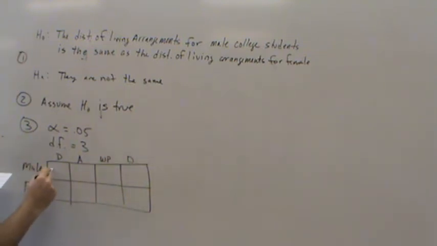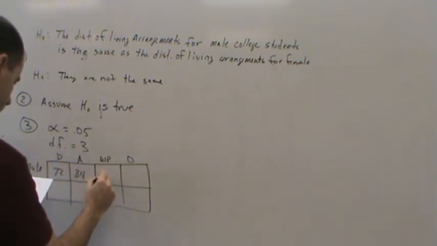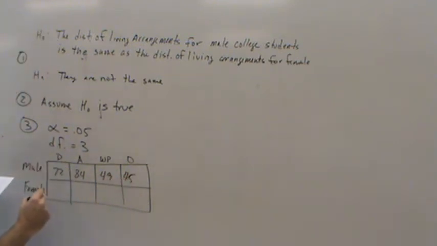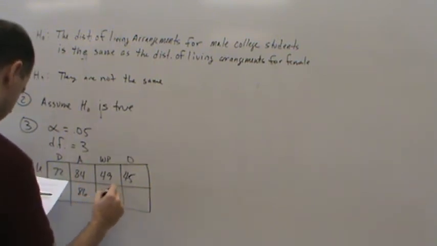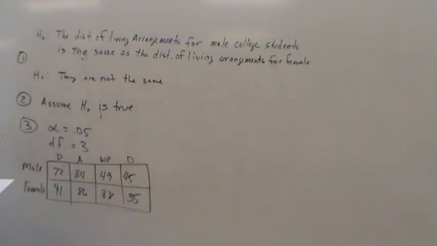And so we've got 72, 84, 49, 45, 91, 86, 88, and 35. And so what we're going to do is take this and put it into our matrix A.